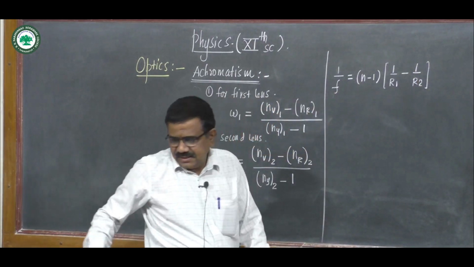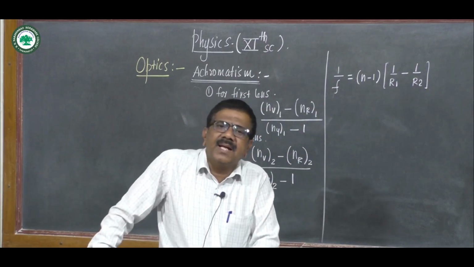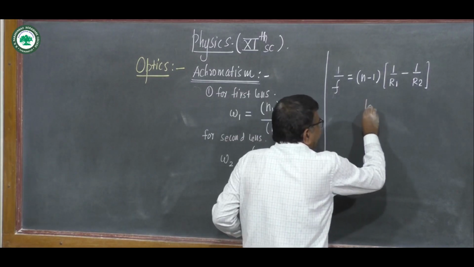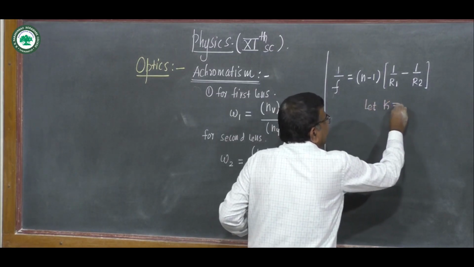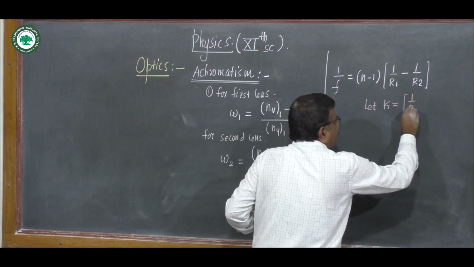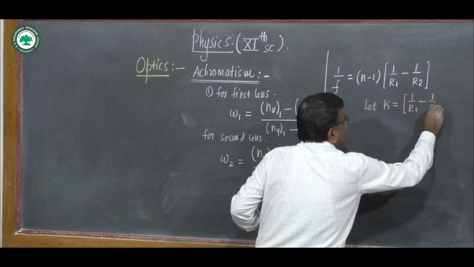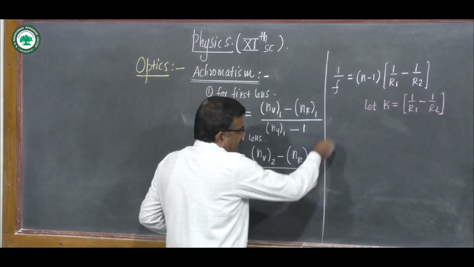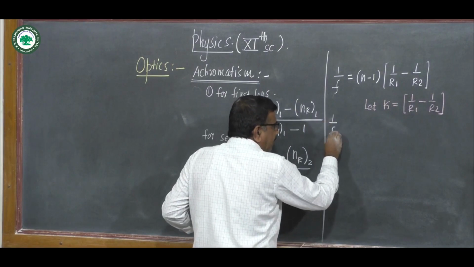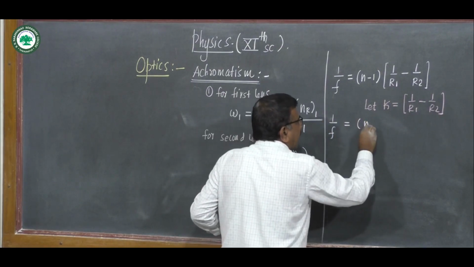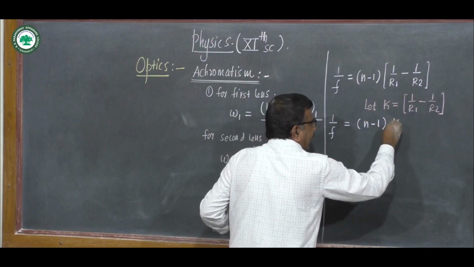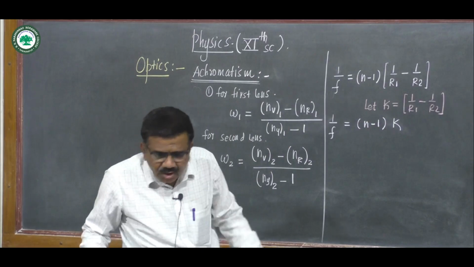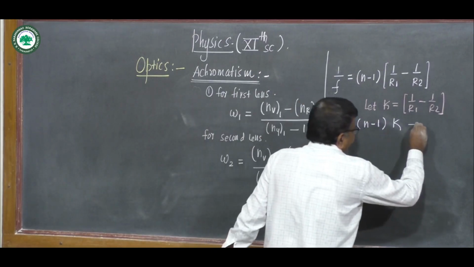Suppose in this equation we let K be 1 upon R1 minus 1 upon R2. We substitute here, so this equation becomes 1 upon F is equal to (N minus 1) into K. We call it equation 1. Very simple part.